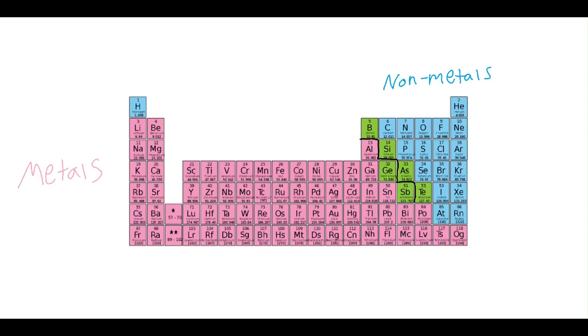But you'll notice some of the elements that border this staircase are colored in green, and that is because they are metalloids. So metalloids are sort of the in-between between metals and nonmetals, as in they have properties of both metals and nonmetals. Another thing to point out is that hydrogen, even though it's on the left side of the table with the metals, is considered a nonmetal.